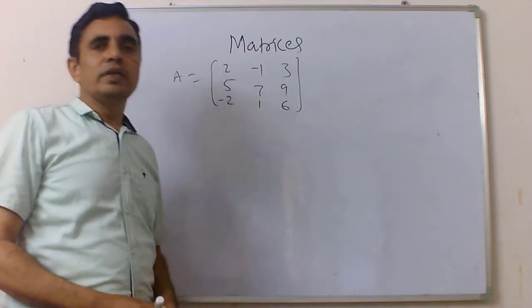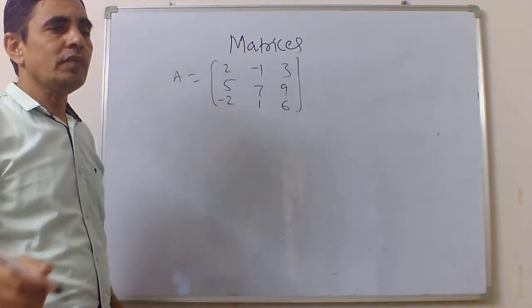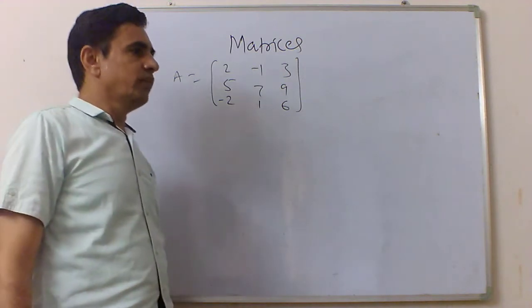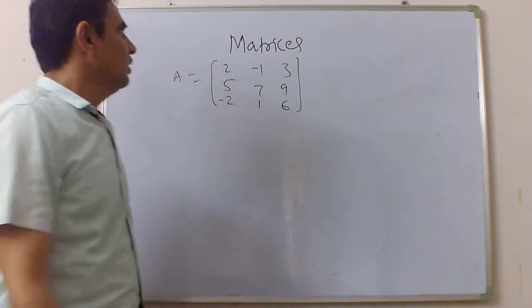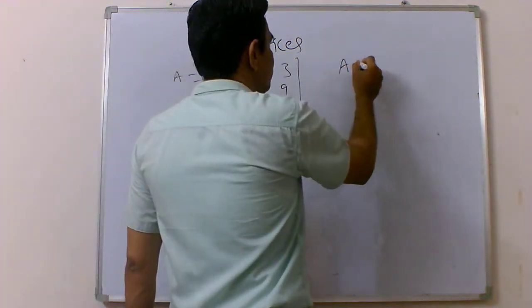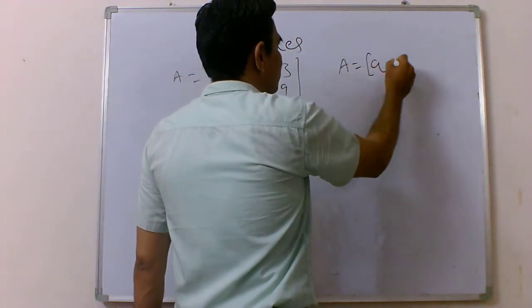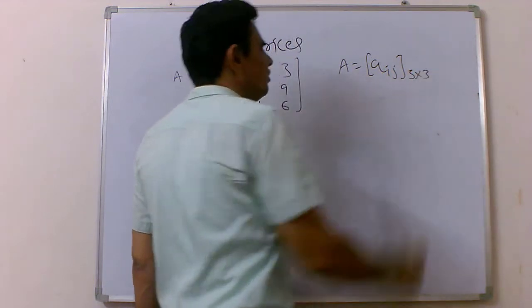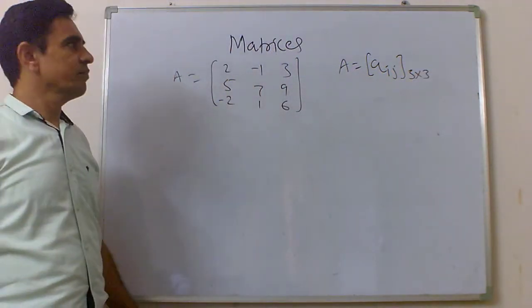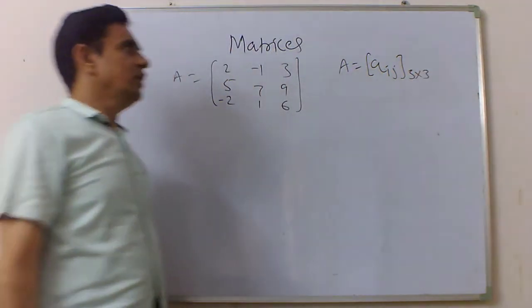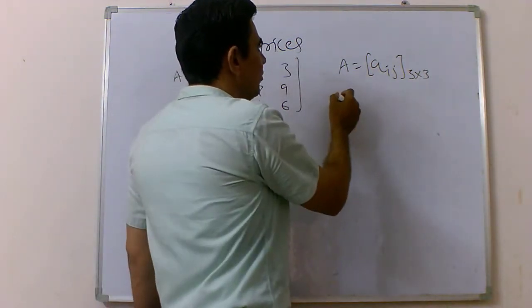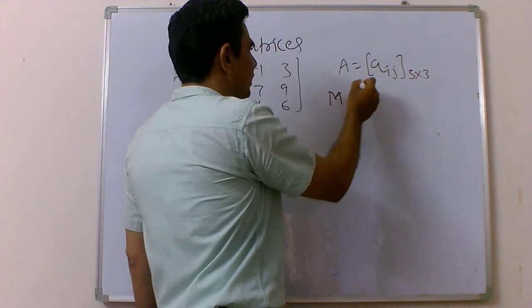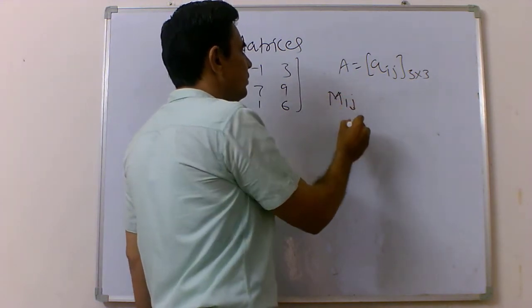Now after that we see how to find minor, cofactor and adjoint of a matrix. This is an important point. Now A is equal to Aij of order 3 by 3 or n by n, that is a square matrix. How to find the minor? We already know how to find minor, cofactor and adjoint of a matrix. The minor of element Aij is denoted by Mij.